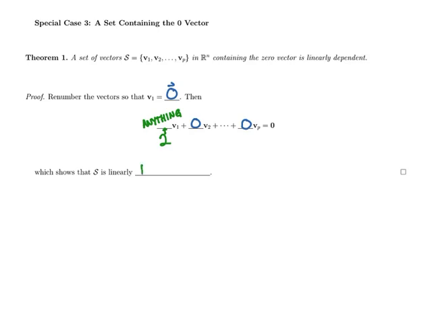So this shows that this is linearly dependent. So the special case is if I have a zero vector in the set of vectors that I'm talking about, that is automatically linearly dependent because I can get a quick dependence relation out of that homogeneous equation.